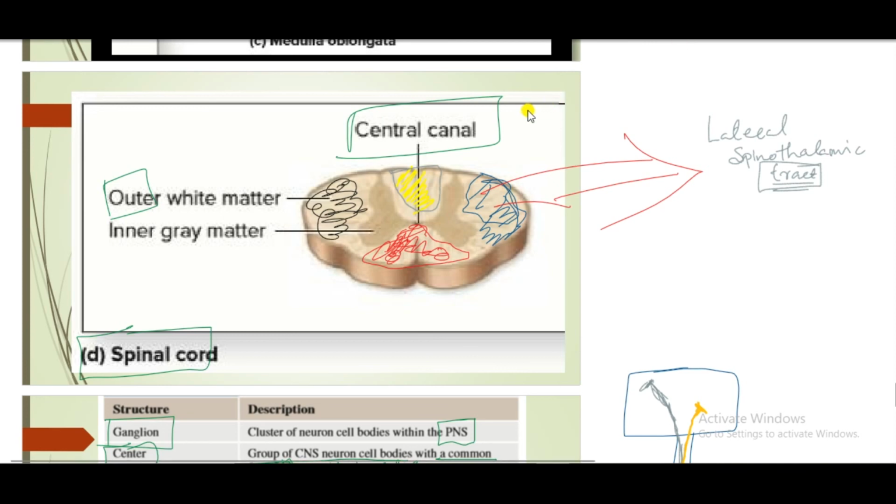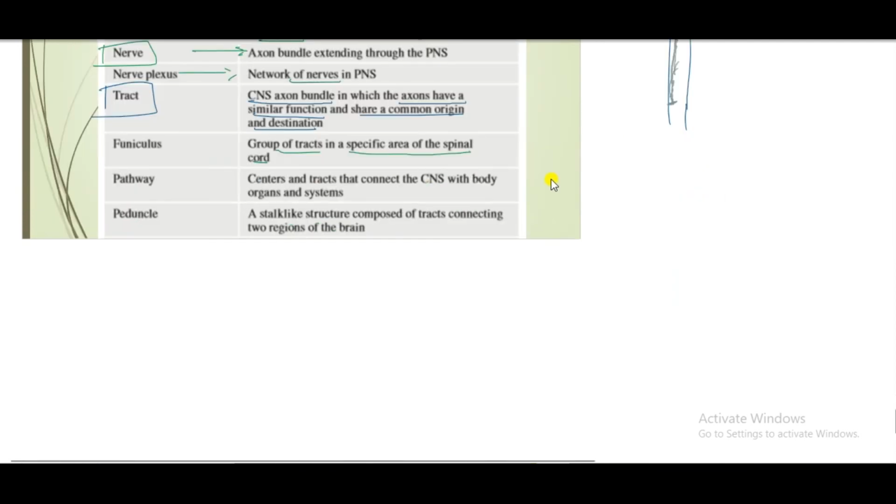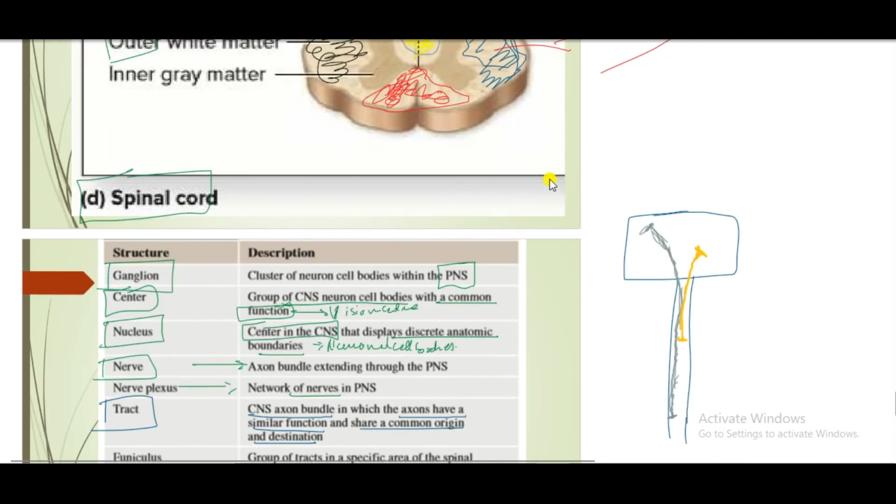Okay, if you take the dorsal column, you can also see some tracts, the gracile and cuneate tracts. It's also a bundle of axons with a common origin and common ending.